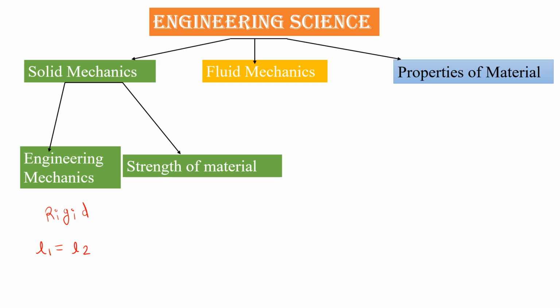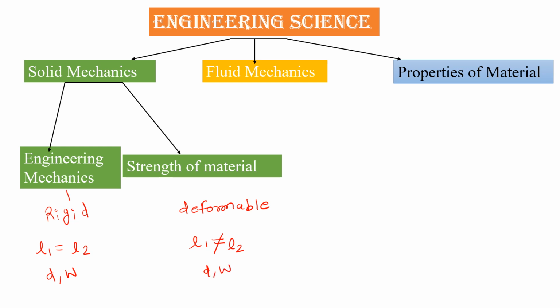In the case of a deformable body, the length before applying load and after applying load, and after removal of that load, is not the same. The depth and width parameters remain the same.